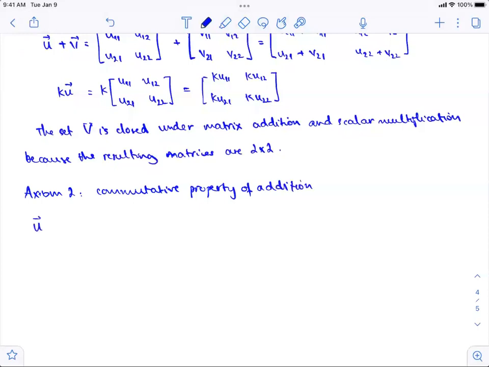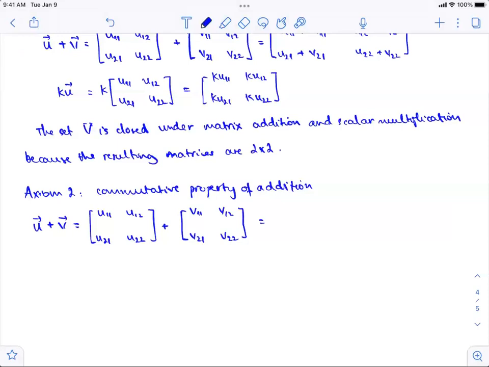That is, u plus v is equal to [u11, u12; u21, u22] added with [v11, v12; v21, v22]. Now, these are matrices, and you learned about the properties of matrices: their addition is also commutative.